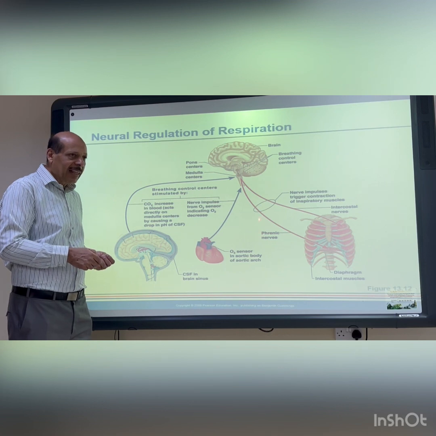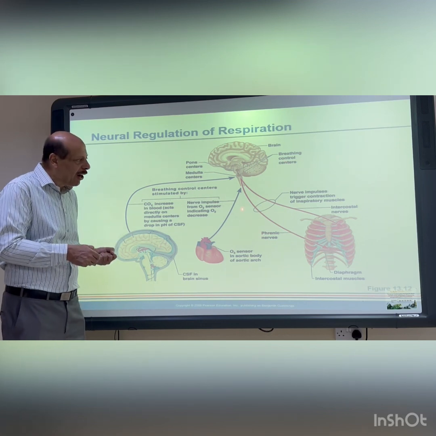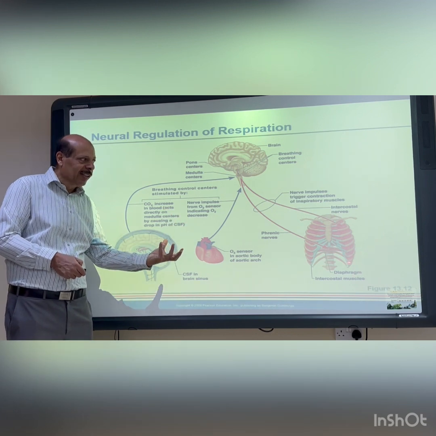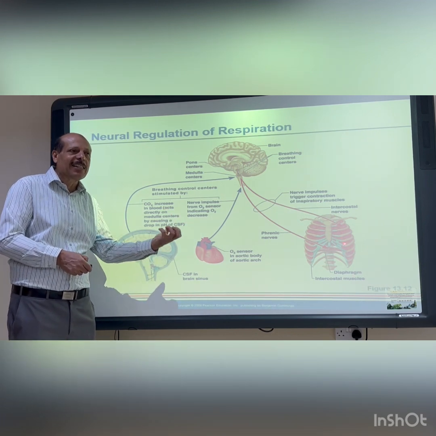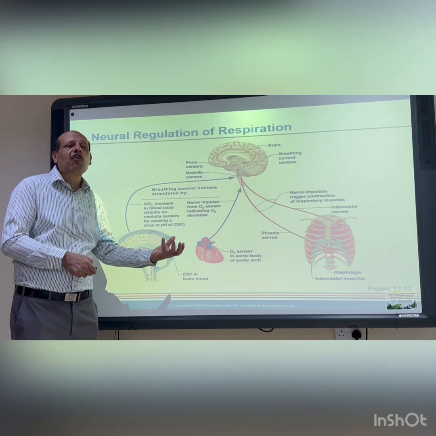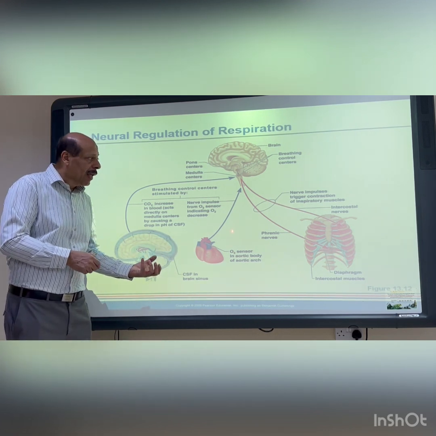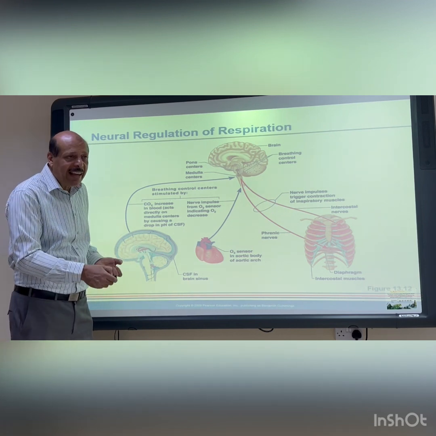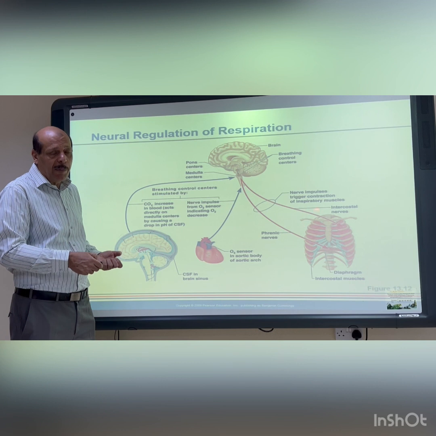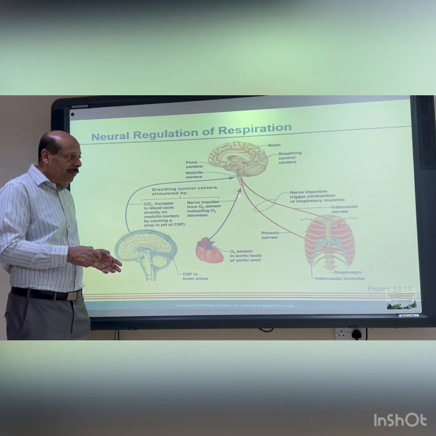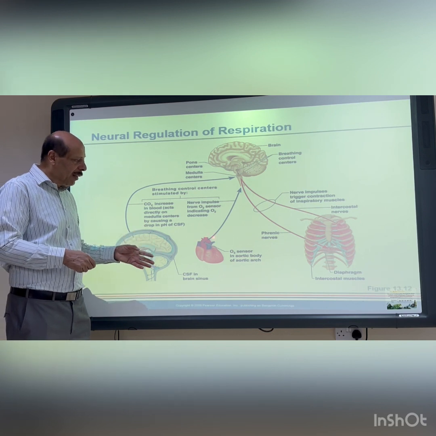By increasing that impulse and the strength of that impulse, it will lead to strength of contraction. So if the strength of contraction is increased, the breathing will be deeper. If the number of stimulations is more, the rate of breathing will be more, isn't it? So it depends upon the oxygen level.